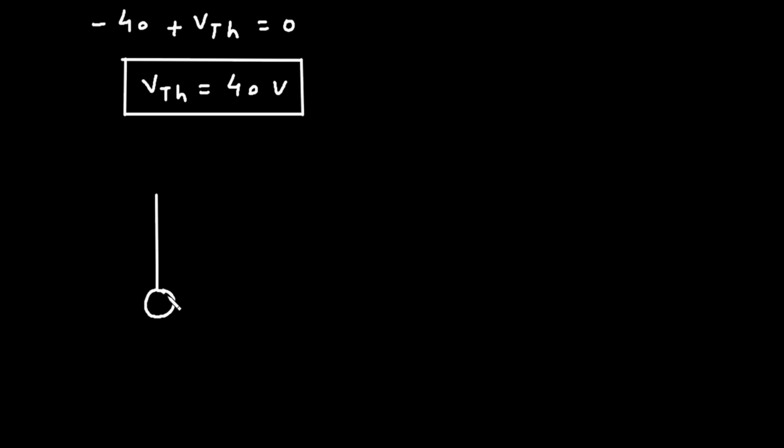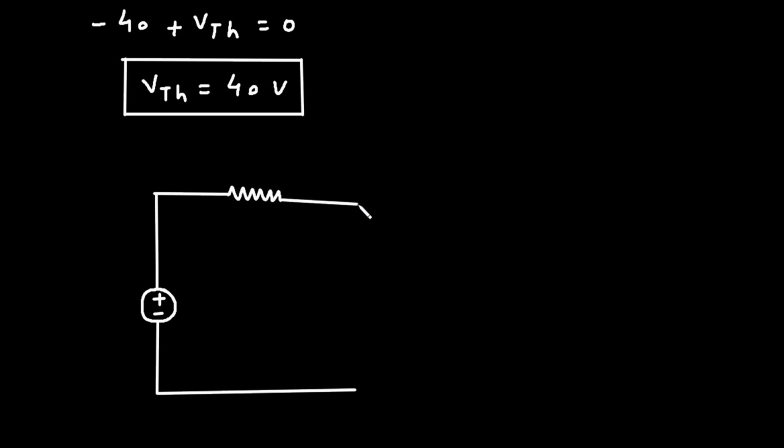So here this is VTH, Thevenin's voltage. It is in series with resistor RTH. So this is RTH and this is load resistor RL.